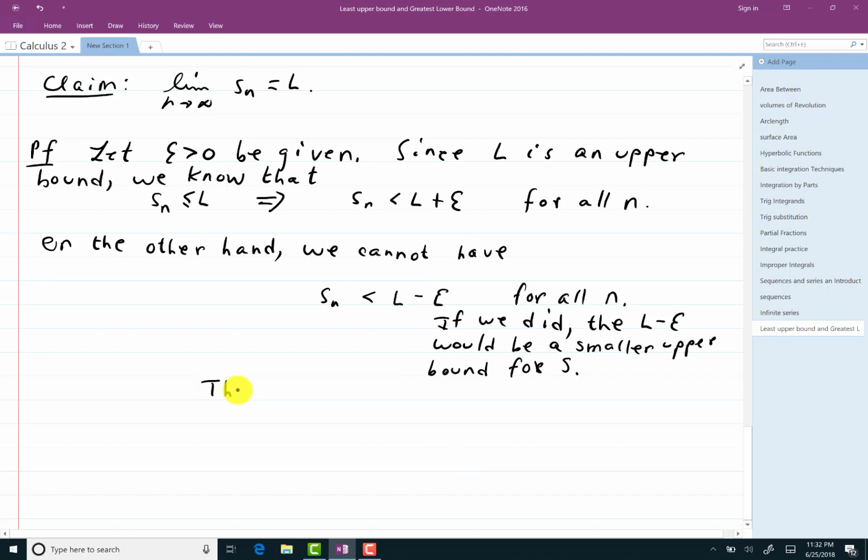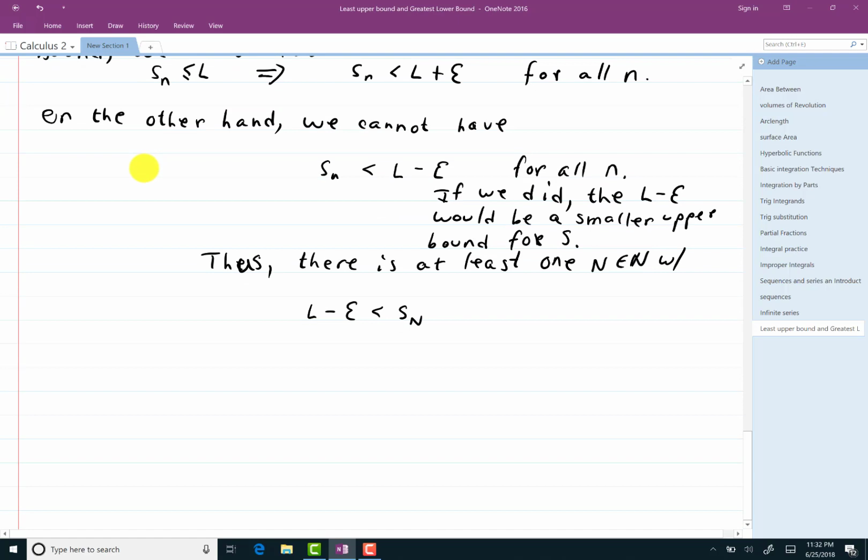Thus, there is at least one n in the natural numbers with L minus epsilon less than S sub n.